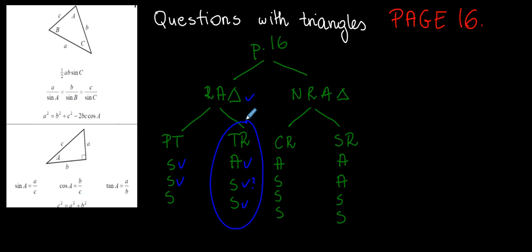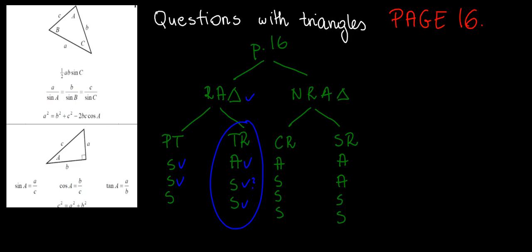So the next thing that we have to consider, once we know which formula we are using, is: what is the next thing we are doing? We have to take our triangle.